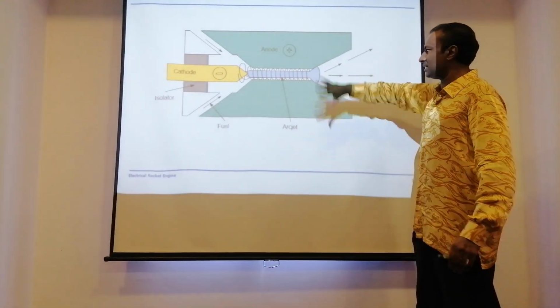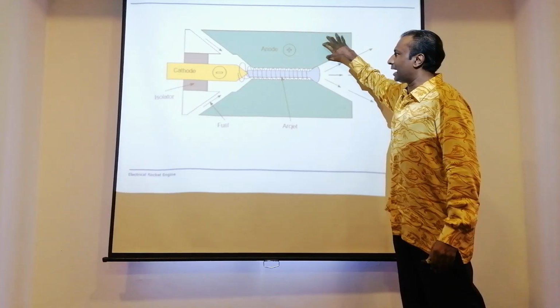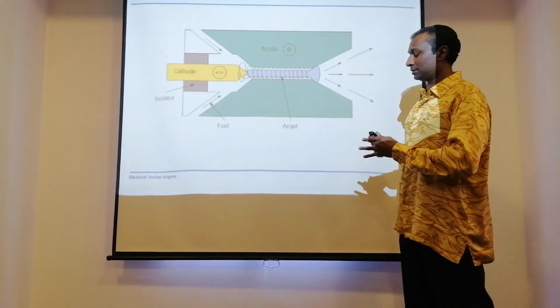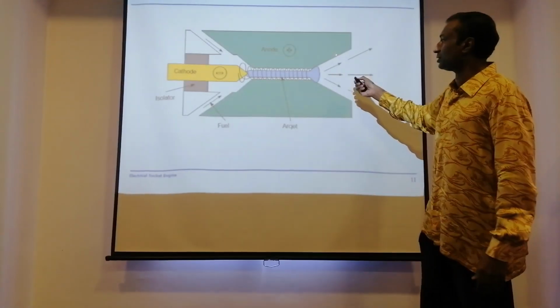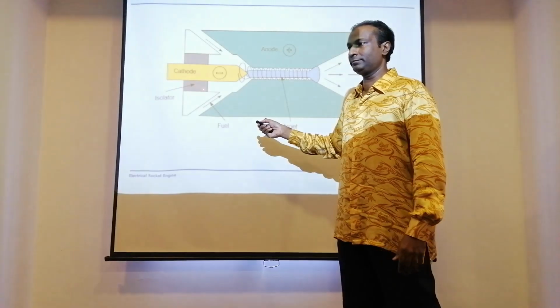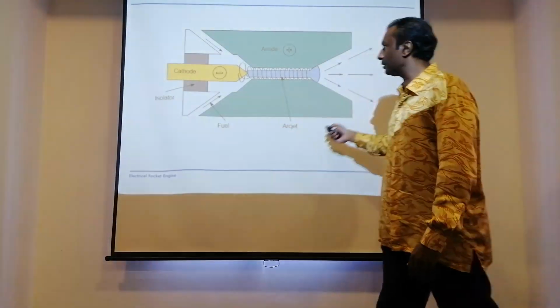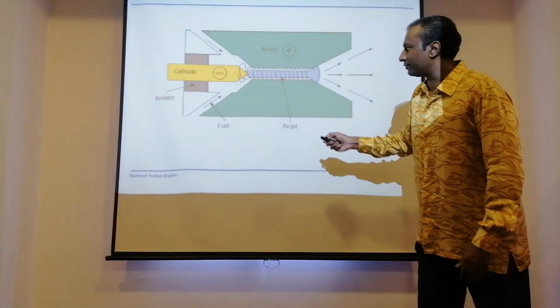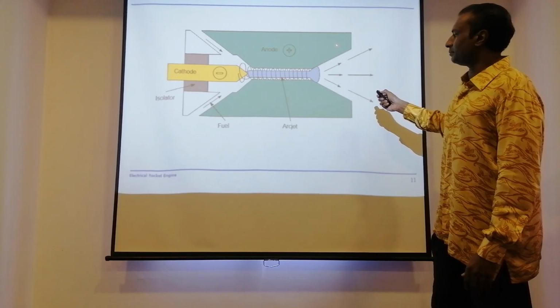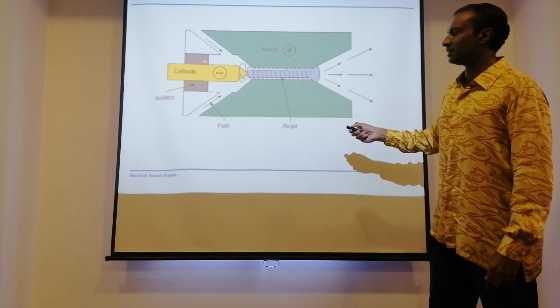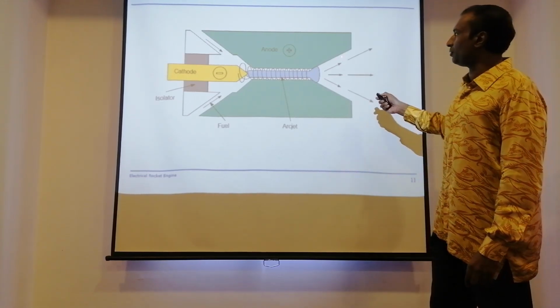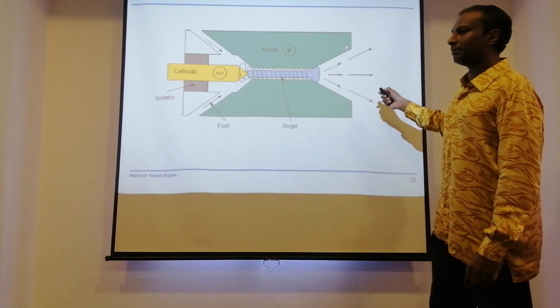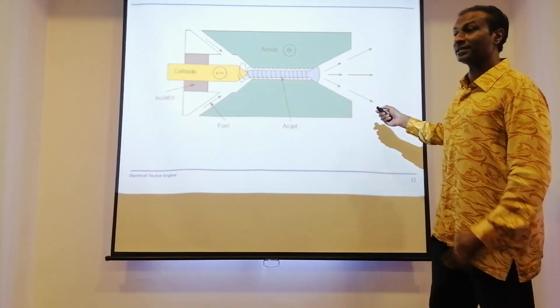What exactly happens here? There will be an invisible current flowing from positive to negative, right? Yes? Positive to negative. When there is an invisible current flowing positive to negative, there should also be an invisible magnetic field B, just like I've explained.